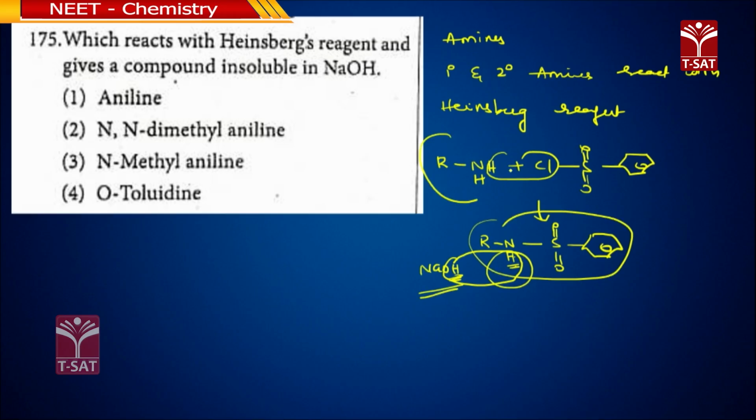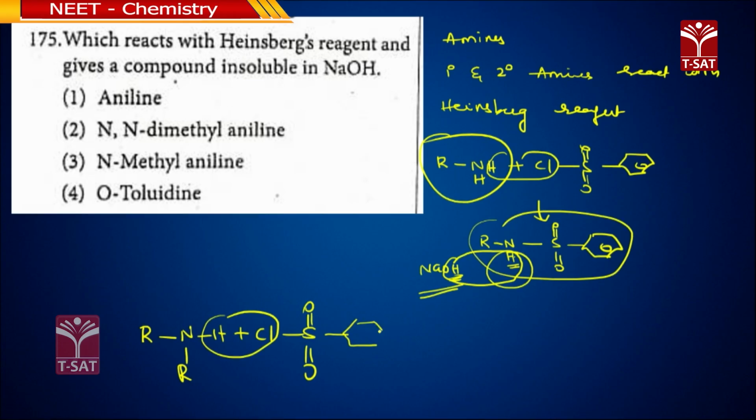What is the amine we have taken? Primary. But if you take a secondary amine, R2NH, and react it with Hinsberg reagent, benzene sulfonyl chloride, what you are going to get is R2N-S(=O)-benzene. Here you do not have any hydrogen to be dissolved in base. In base, OH minus will react with H plus, but you do not have hydrogen.